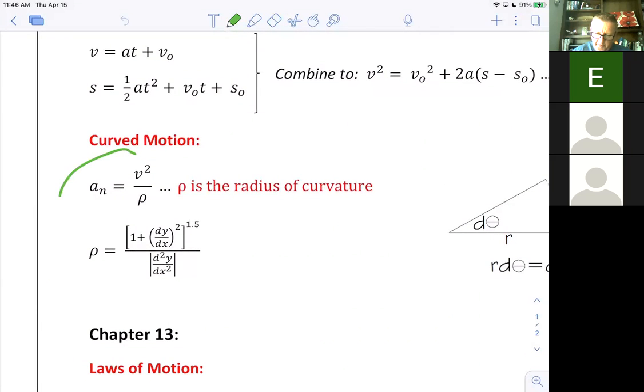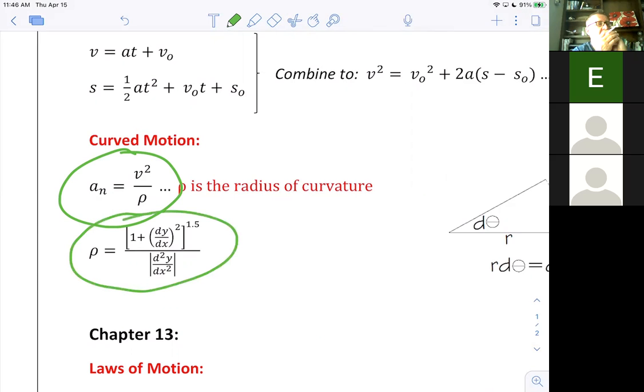This is a formula that needs to stand out to us: that's how you get normal acceleration. You need to know the velocity and the radius of the circle you're traveling on at that moment. Even though this is a parabola, for a brief instant in time we're traveling along a circle. I know my velocity, we were told that was 8, but I don't know my radius. Well, that's what this other formula is.